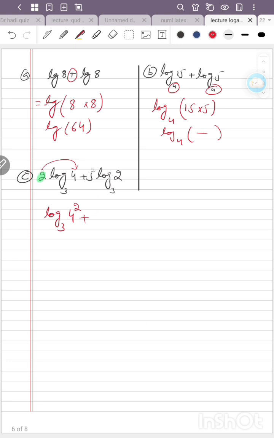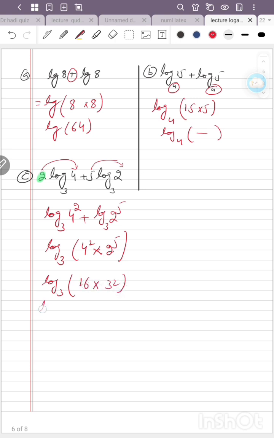Now 5 is multiplied by the log, and this power shifts here: log of 2 to the power 5. Next step is to convert it into a single log: 4 to the power 2, and plus means multiply, 2 to the power 5. Log base 3 of 4 squared is 16, and 2 to the power 5 is 32. So log base 3 of 16 multiplied by 32 is 512. This is our required answer.